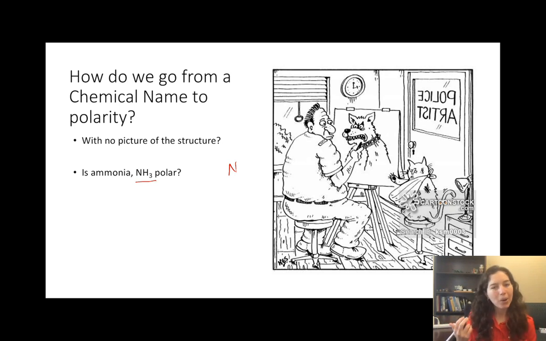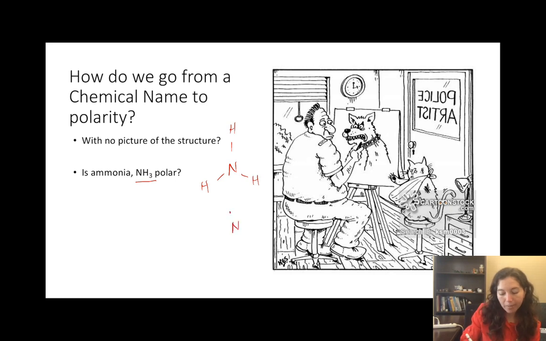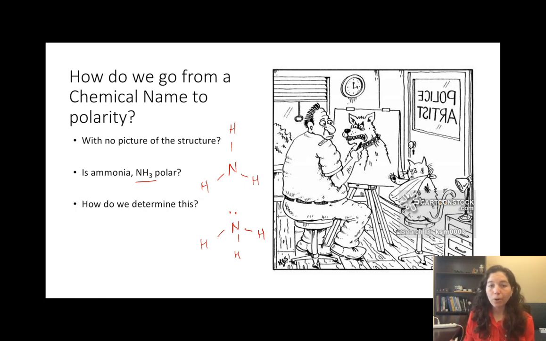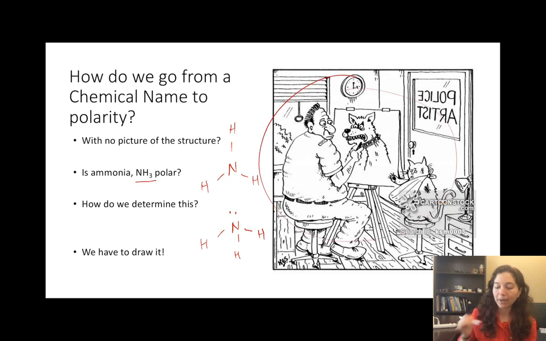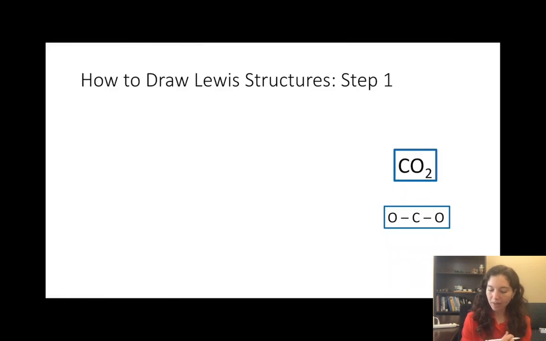Well, it's kind of hard to know because we don't know if NH3 looks like this, if it's trigonal planar like this, or if it's trigonal pyramidal like this. And the only way to know is to draw the Lewis structure. So we have to be able to draw it. So we've got to become a great sketch artist in order to figure out these puzzles. Okay, so we're going to dive into how to do this.